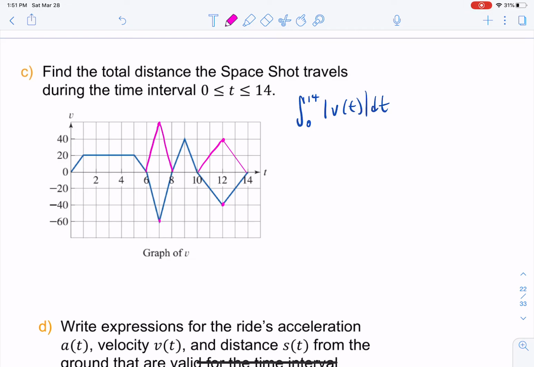All right, and so now we want the areas of all of these pieces, which we've already done. We just have to switch some of the signs. So it's area of all that, all this, plus this, and this one over here. And like I said, pretty certain we found that one as 100. We found this one as, it was originally like negative 60, so this one is positive 60. This one was 40.